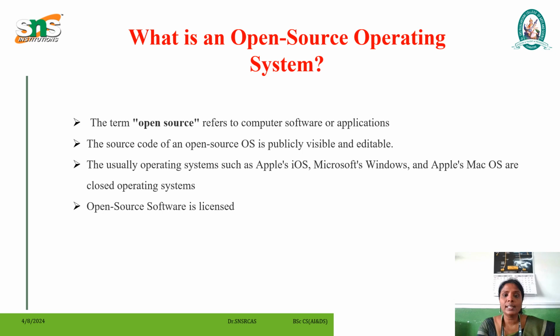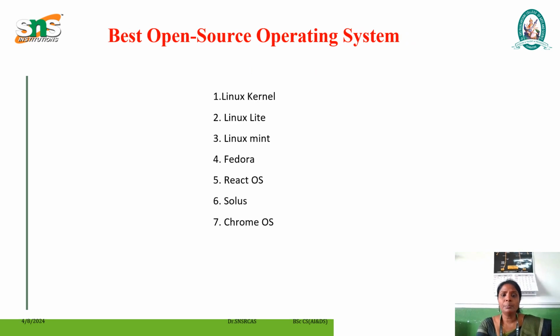Some basic examples of open source operating systems are Linux, OpenSolaris, FreeRTOS, OpenBSD, FreeBSD, Minix, etc. Some of the best open source operating systems are Linux kernel, Linux Lite, Linux Mint, Fedora, ReactOS, Solus, Chrome OS. These are the best open source operating systems.